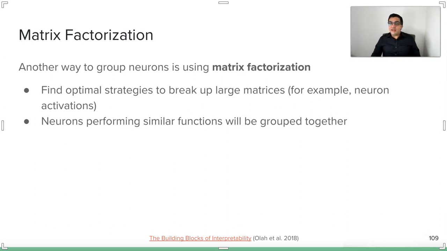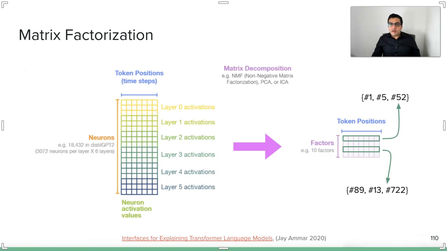Recall that neuron activations over a dataset can also be represented as a large matrix, and breaking this large matrix optimally results in a smaller matrix of factors, where each factor represents a group of neurons that performs similar function. Matrix factorization based methods have largely been used in computer vision models, but are now slowly making their way into NLP as well. To understand this method better, let's consider this visualization.